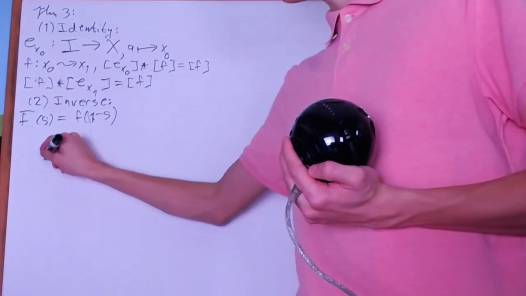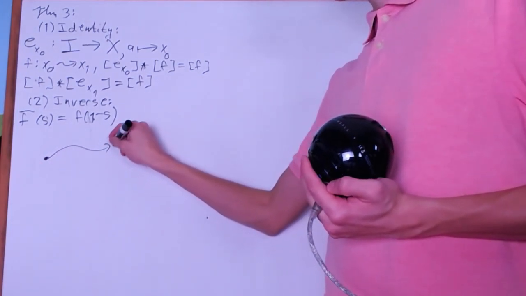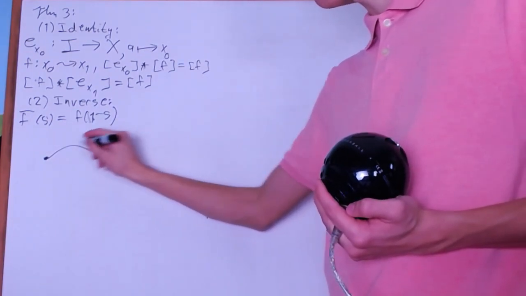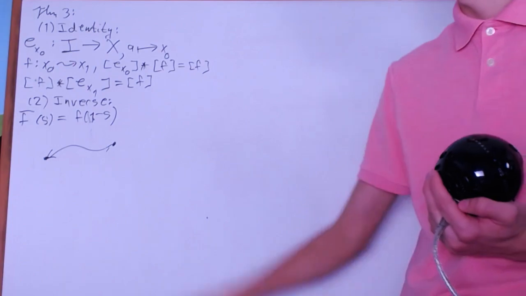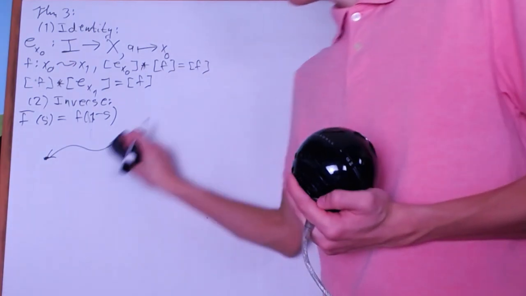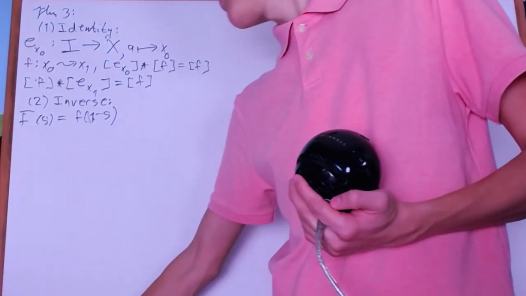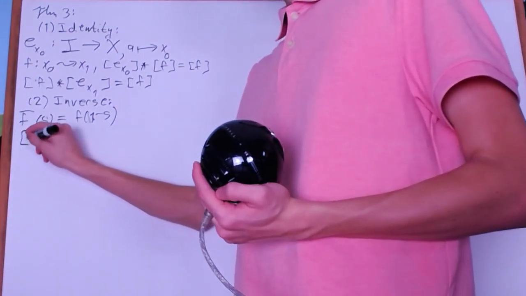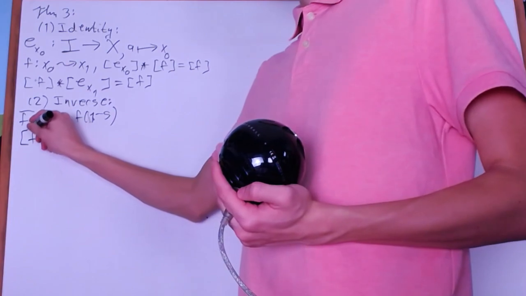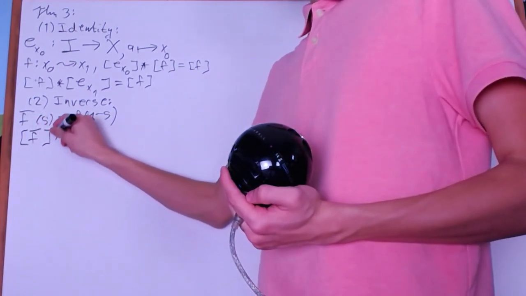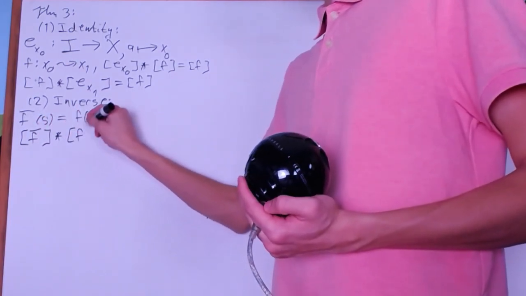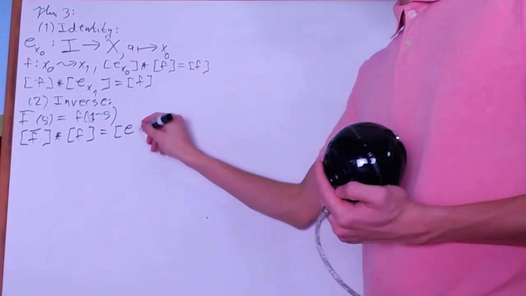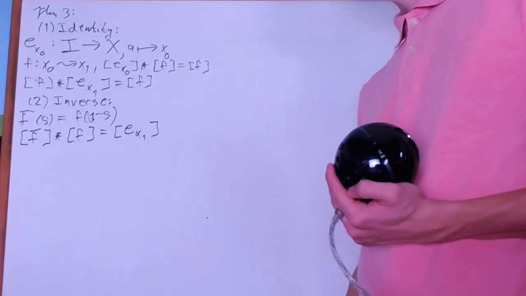If this is our path f, its inverse path will just be flipping the direction on it to go the other way. What this theorem of inverse says is that the equivalence class of f bar star the equivalence class of f is just going to be the equivalence class of this identity e_x1.